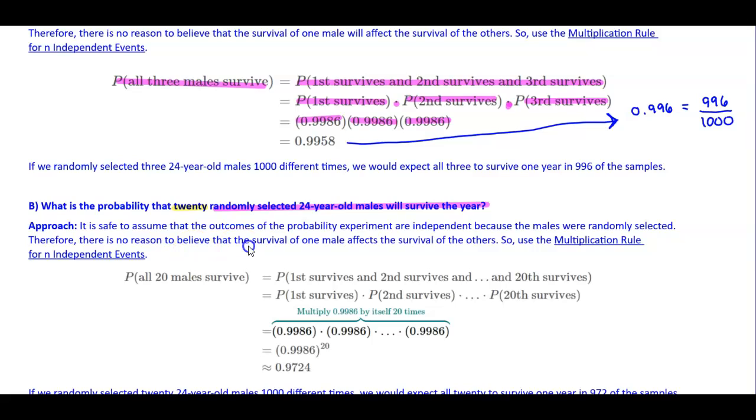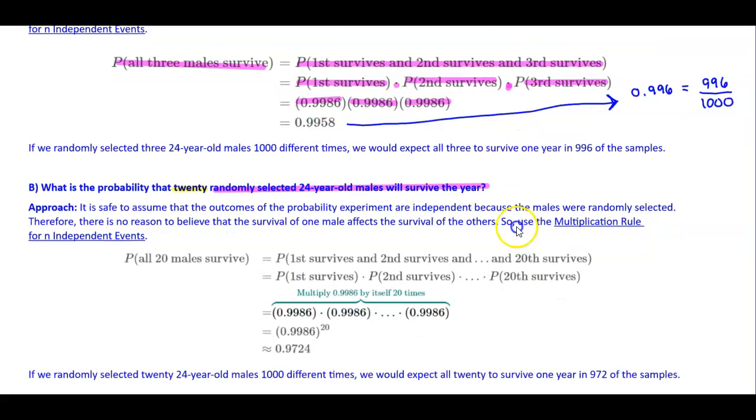Therefore, there is no reason to believe that the survival of one male is going to affect the survival of the others. So we're going to use the multiplication rule for n independent events. We're looking for the probability that all 20 survive, from the probability that the first survives all the way to the probability that the 20th survives. So we take the probability the first survives times the probability that the second survives, and so on to the 20th.